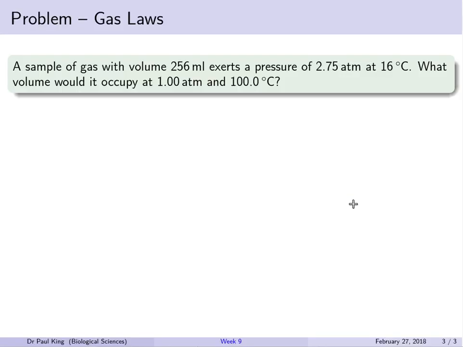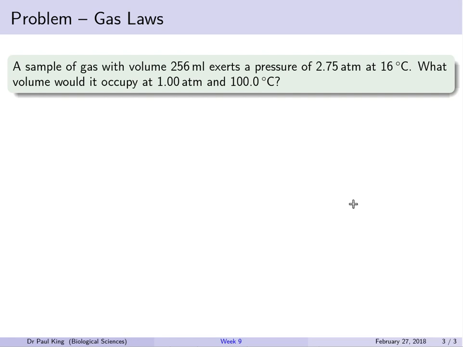The final part of this problem involves some calculations. And here we have a sample of gas with initial volume, pressure and temperature given, and we're asked to find out what happens to the volume if the conditions are changed such that we have a different pressure and a different temperature.